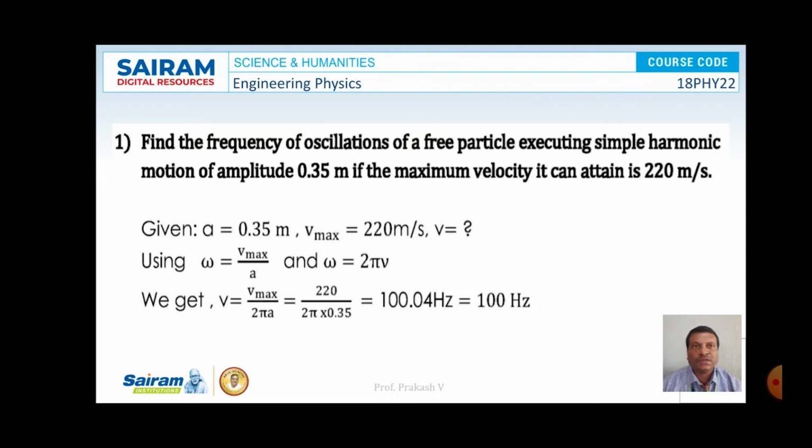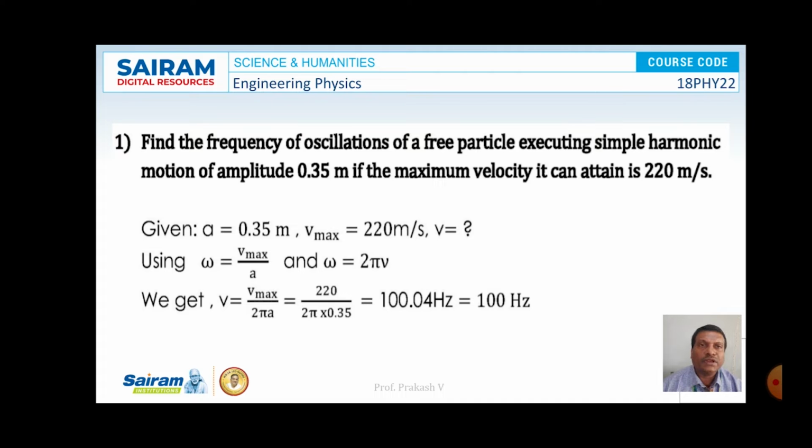So here the given data is the amplitude of vibration, that is 0.35 meter, and the maximum velocity, that is 220 meter per second. We have to find the frequency of oscillations.